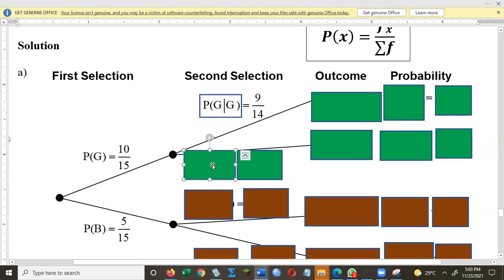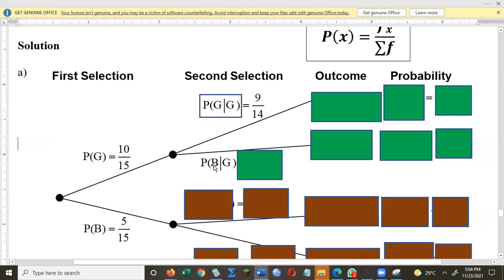But however, it may not be a green he will select. It could be a brown. So what do you think is written there? The probability of what? Exactly, the probability of a brown after green. Because either a green after a green or a brown after green.